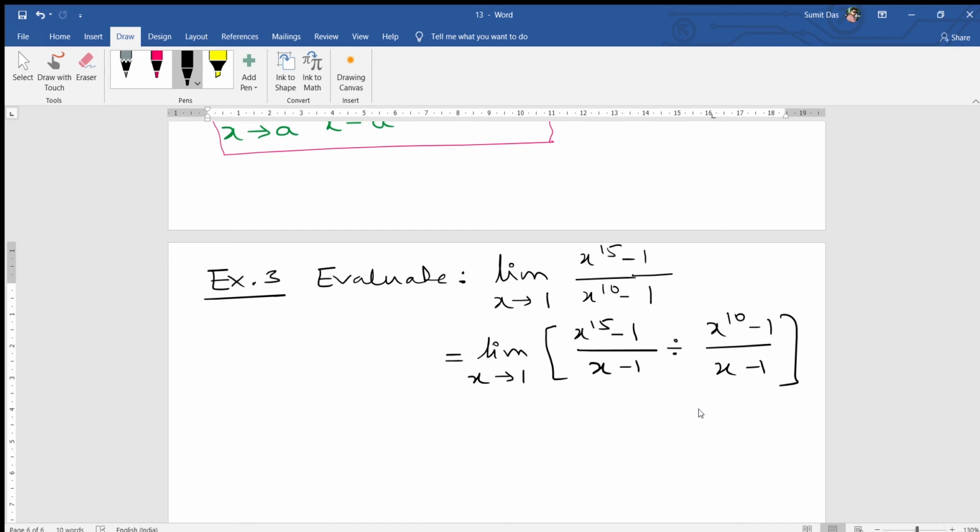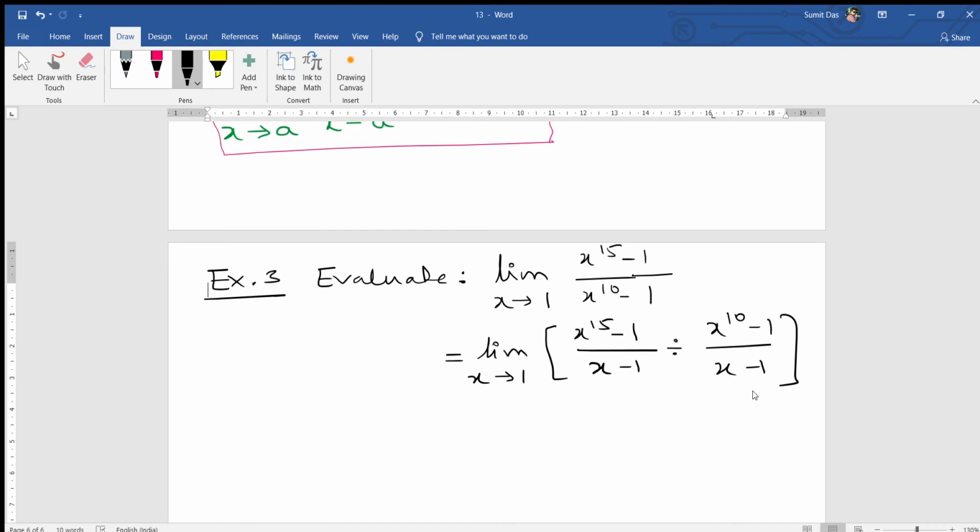Fine. Why am I doing this? That is the question. I hope this line is clear. Why I'm writing that I will explain, but how can we write this?